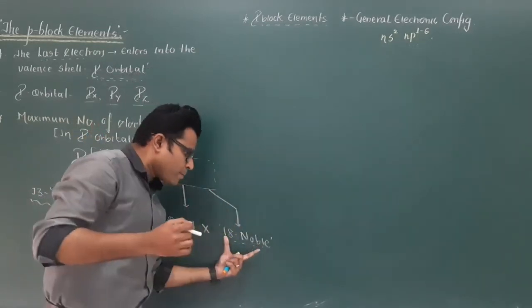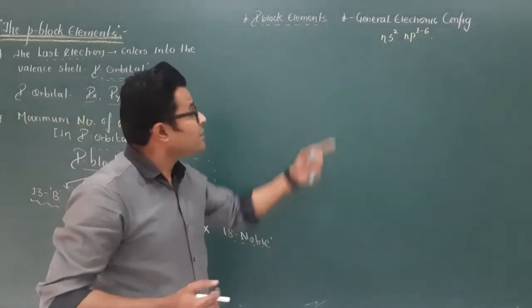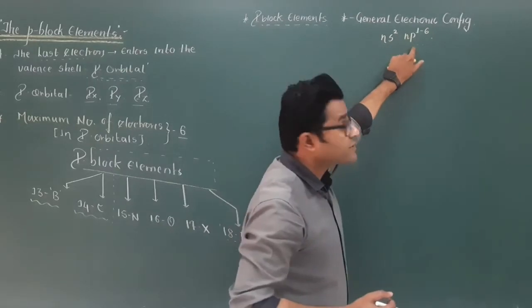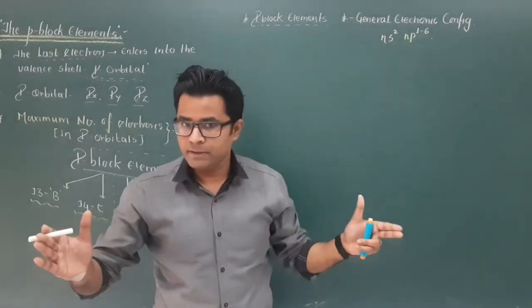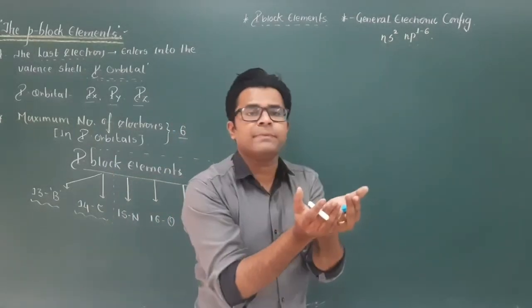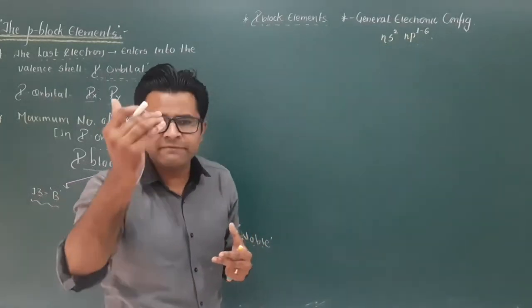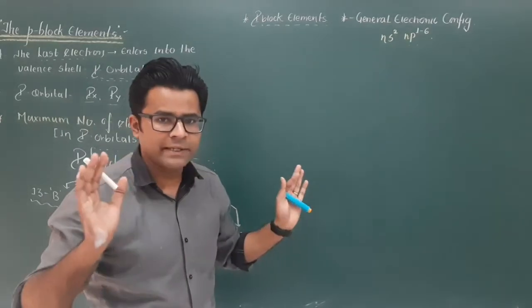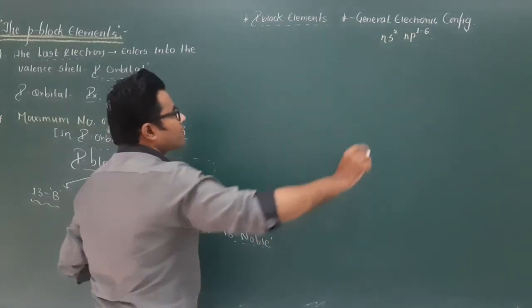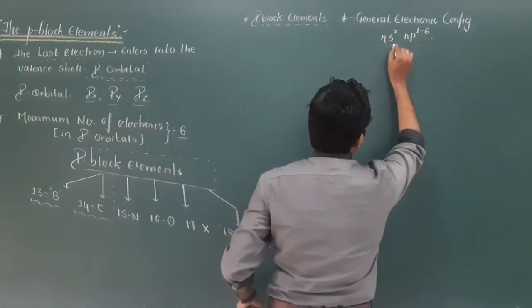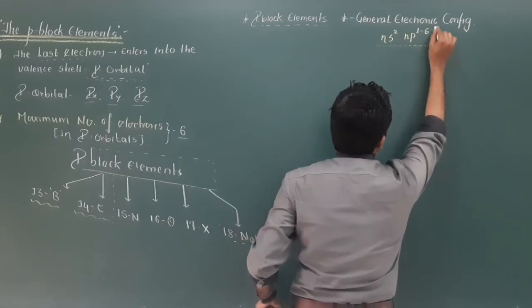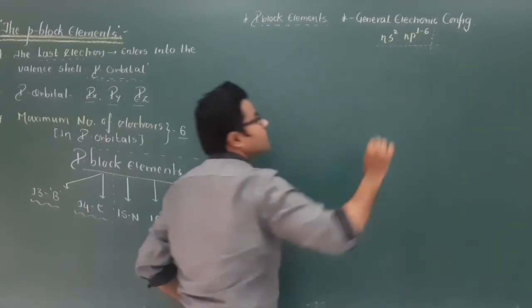By the time we reach the noble gases, all these p orbitals are completely filled. Because the p orbital is completely filled, this set is not so reactive in nature. This is how we have to think. So the general electronic configuration is ns2 np1 to 6.